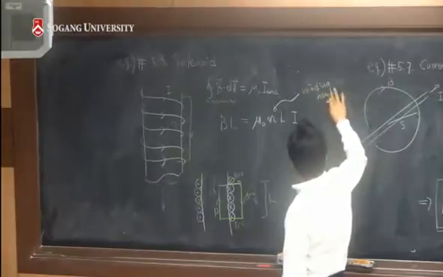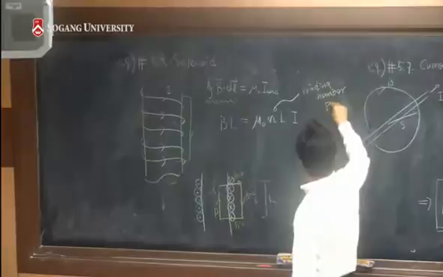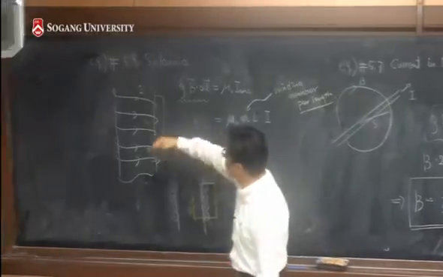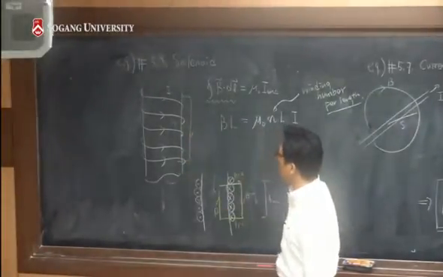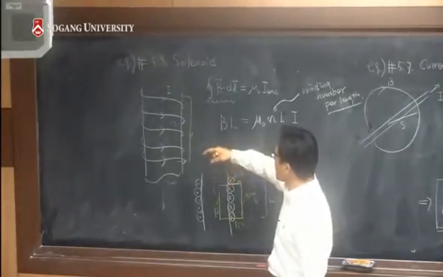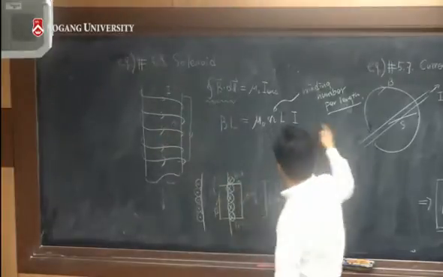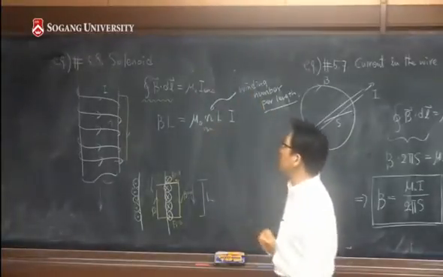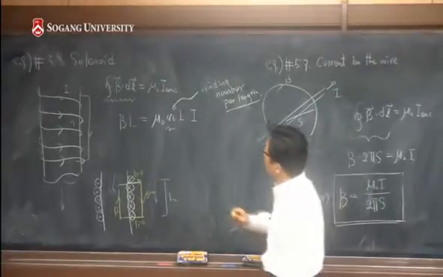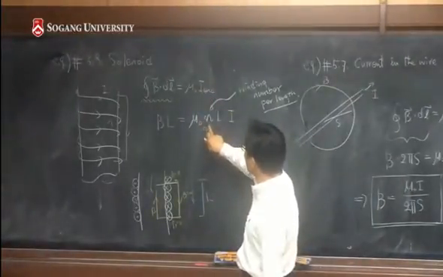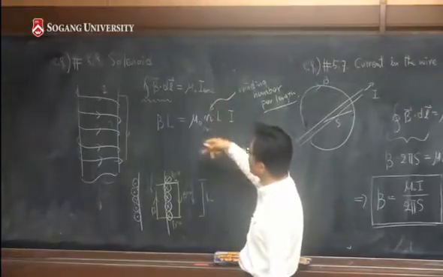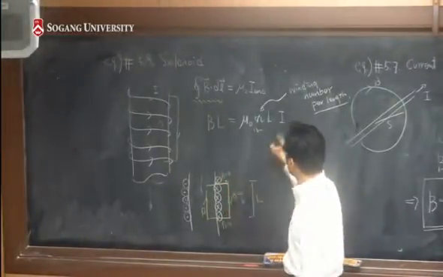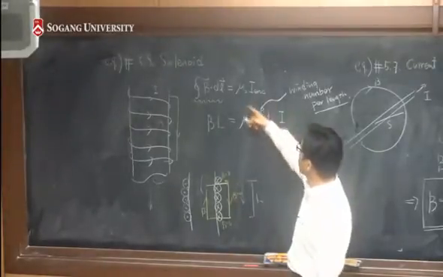For the case of this solenoid, you wind the wire around the column, and how dense the current is depends on how many windings you have per length, which can be given by the winding number N. So the total number of wires is the winding number per length times length, and the strength of the current in each wire is I, so these correspond to the total current enclosed by this Ampere's loop in this case.